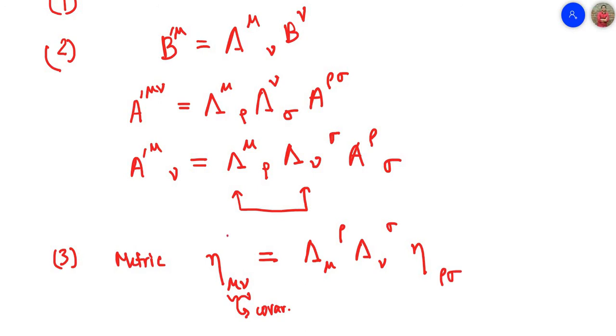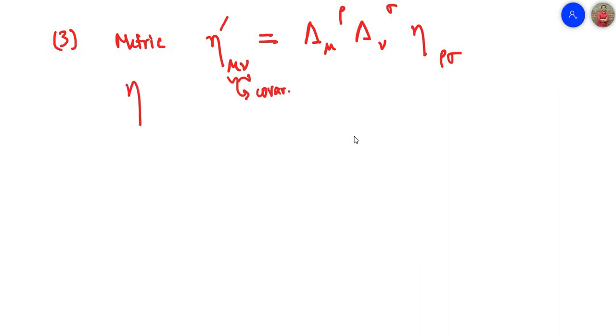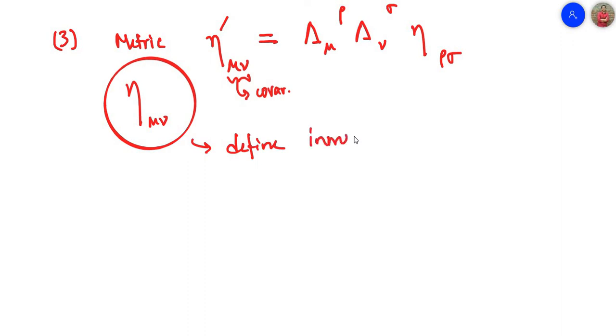And of course, we'll have the prime notation here. And so this is the quantity which will help us to define the inner product of four vectors.